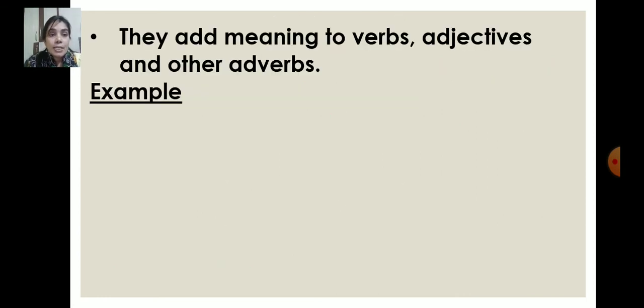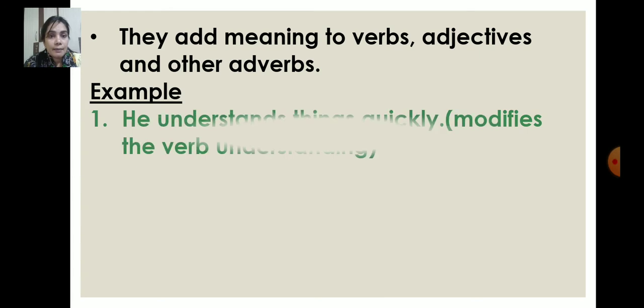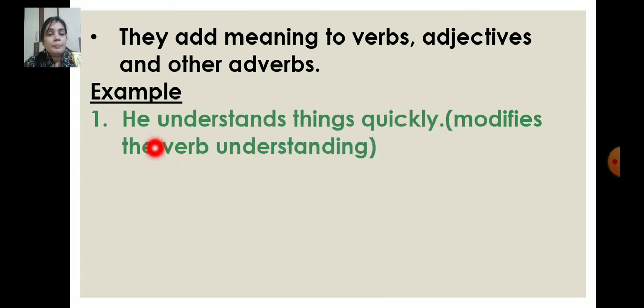Now let us see another example. Now look at this example. He understands things quickly. So they add meaning to the verbs, adjectives and other adverbs. So let us see the first one. As we saw in the earlier slide, they add meaning to the verbs. So he understands things quickly.